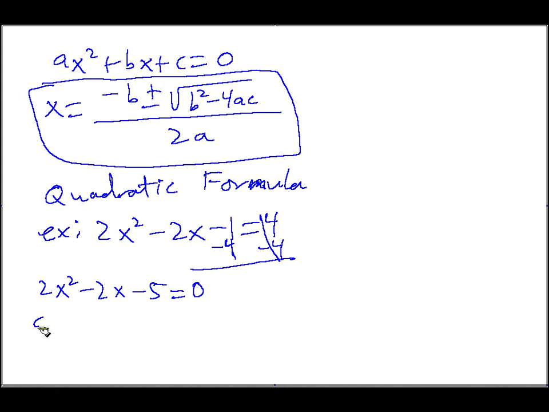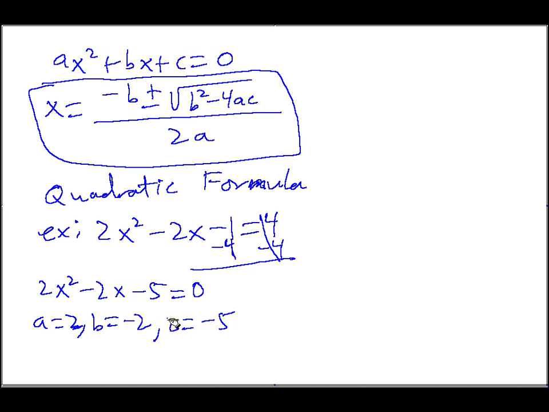So let's identify that. A is equal to positive 2. B is negative 2, because b is the coefficient for x. And c is the constant term, negative 5. So clearly be able to identify a, b, and c as such.